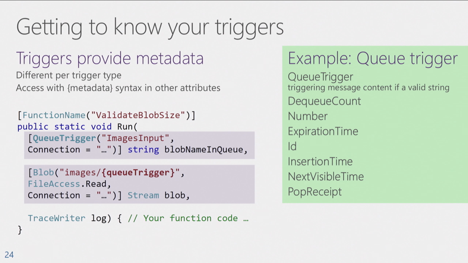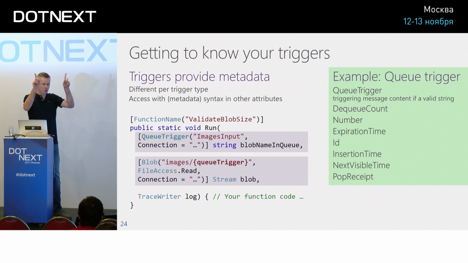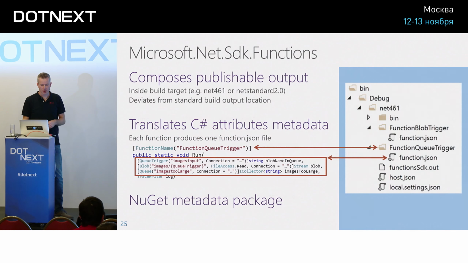But if you look at the right at the green square, it actually shows you that to a queue trigger, there's even more things there. So there's a DQ count, for example, which goes from 1 to 5. There will be 5 retries, and then it's put into this poison queue, so it doesn't keep running your functions. And there's more things to be found regarding the details of your functions. And you can use them in the curlies if that's necessary, or you can inspect them from your metadata in your code.